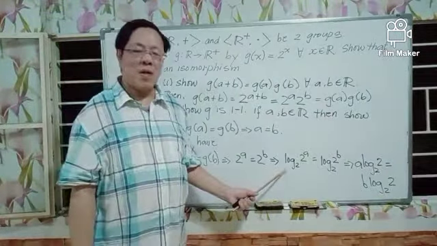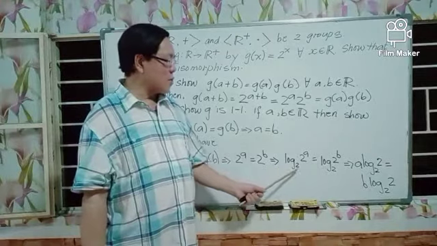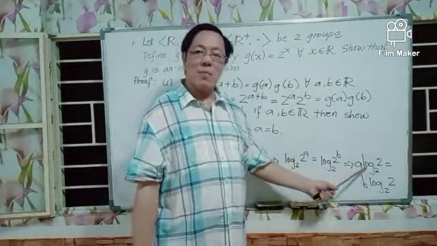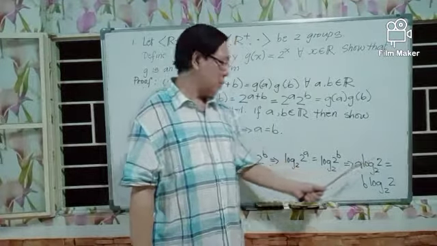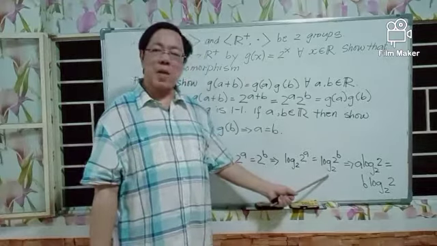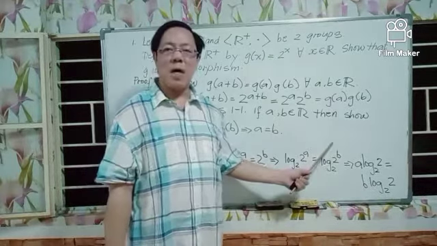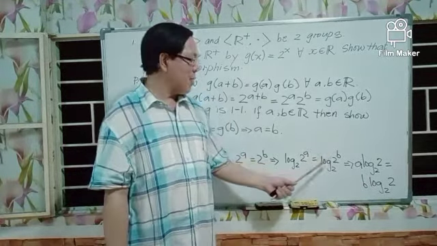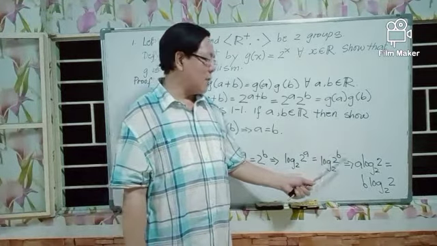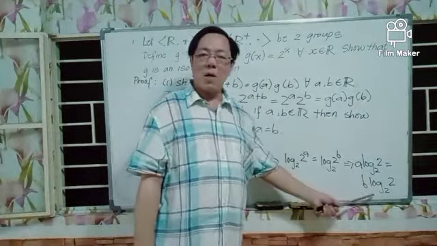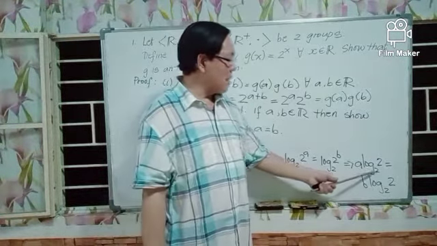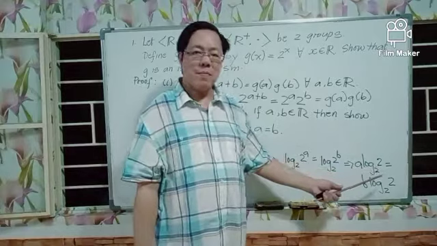By property of logarithm, the logarithm to the base 2 of 2 to the power a is equal to a times the logarithm to the base 2 of 2. And it's equal to the logarithm to the base 2 of 2 to the power b. Again, by property of logarithm, this is equal to b multiplied by the logarithm to base 2 of 2. Now, the logarithm to base 2 of 2 is 1.